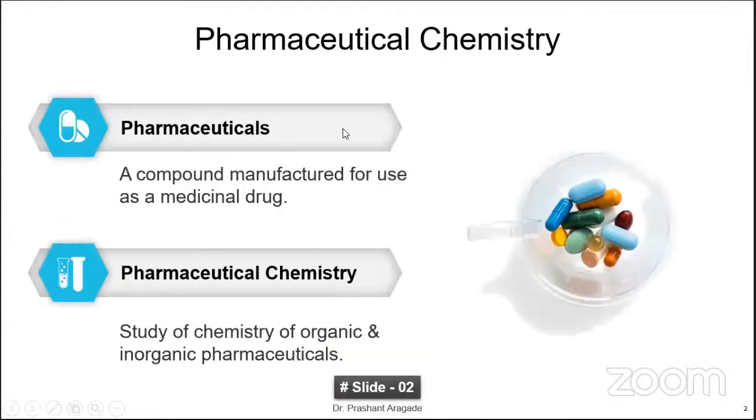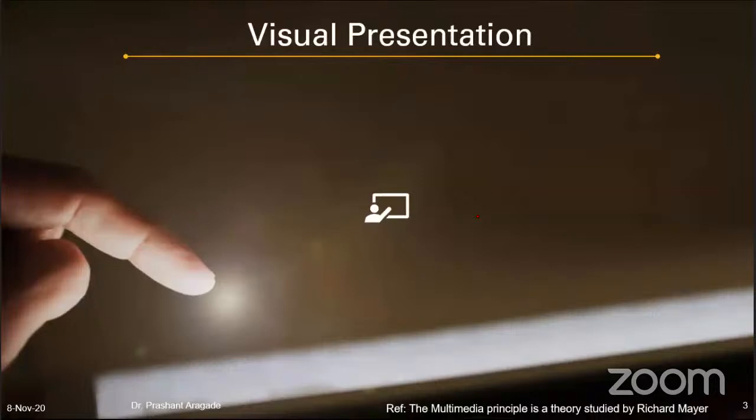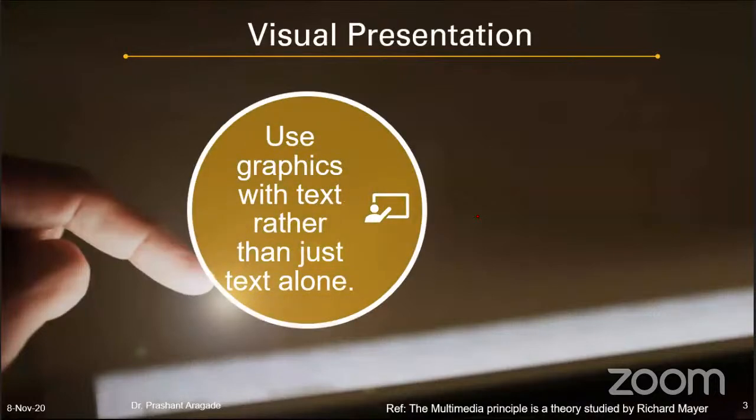Here we have added the infographics, the colors, the icons, the smart art, or you can say the auto shapes, and the graphics. And we have the proper alignments, so it looks good. So my dear faculty fellows, you have to use multimedia. You have to use graphics along with text, rather than just text alone.